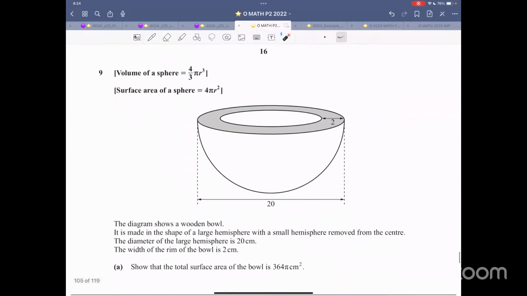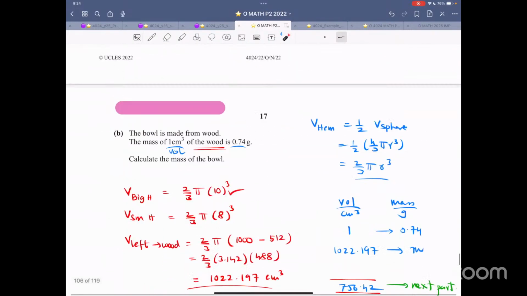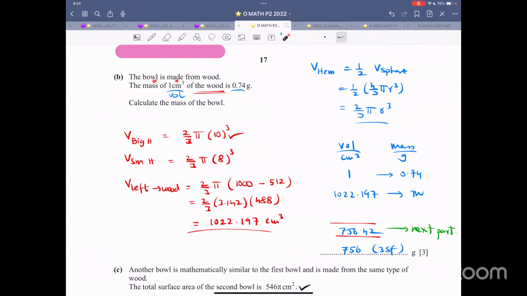Okay. Now, extra page. Now it says the bowl is made from wood. The mass of 1 centimeter cube of wood is 0.74. So it's technically density, but they're making us do the ratio way. Calculate the mass of the bowl. Unless and until I have the volume, I cannot calculate the mass.